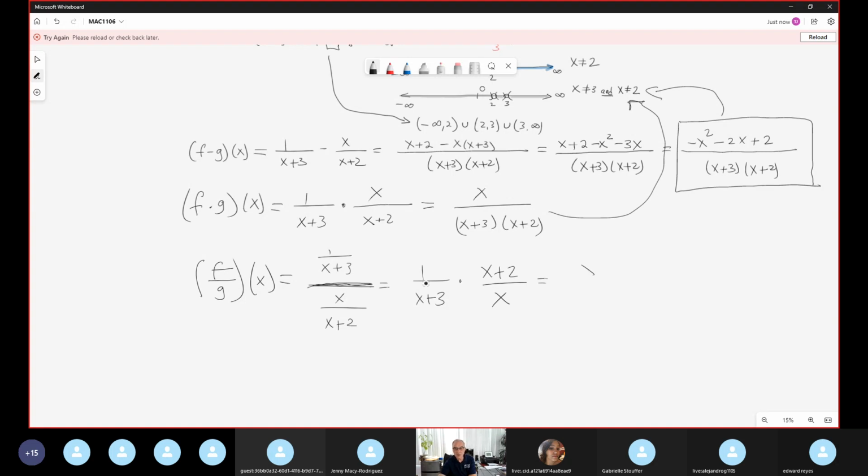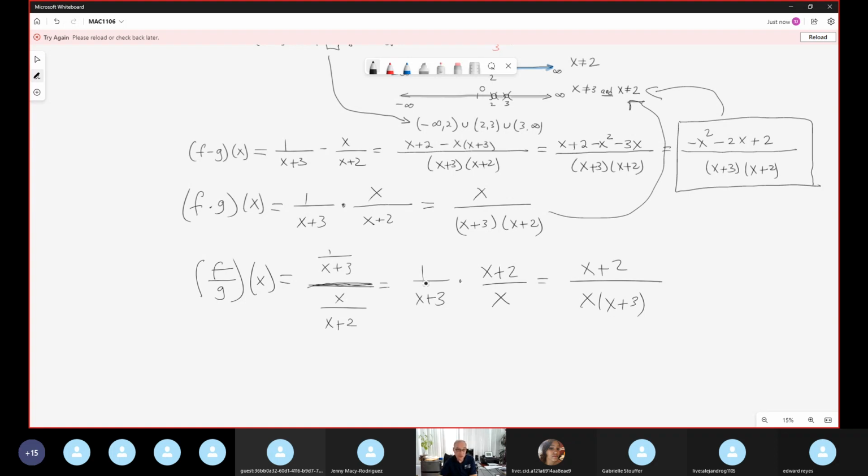Now the multiplication is (x plus 2) divided by (x plus 3)(x plus 2). Okay. And the domain, be careful, this is confusing. Now you have an extra restriction, an extra problem, which is 0. So actually, you need to take care with the original.